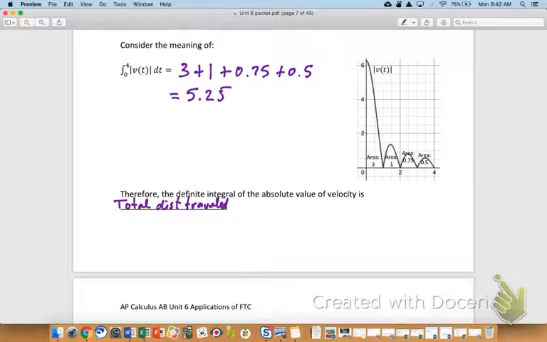Say again? Okay, the object traveled in a negative direction. We're getting there. And it had to change direction. So not only did it travel in a negative direction, there had to be at least one time when it traveled in a positive direction too. And if it traveled in a negative direction at one point and a positive direction at another point, it had to change direction. That make sense?